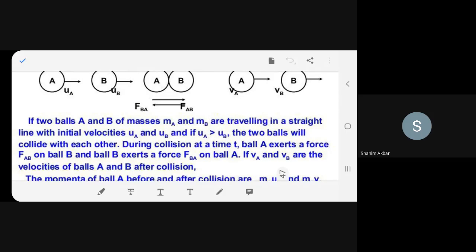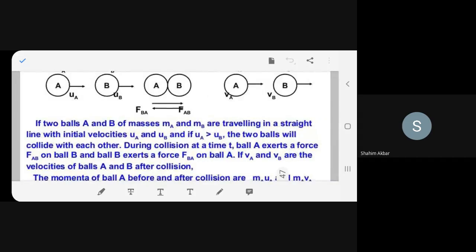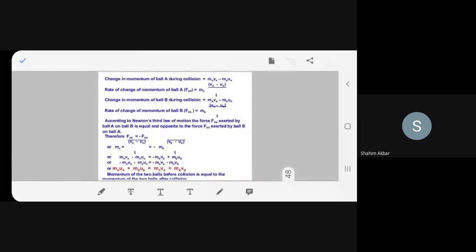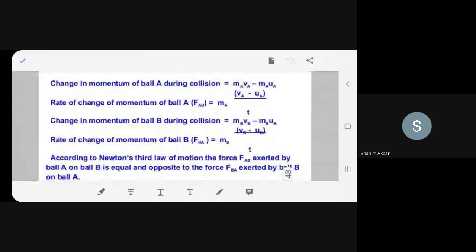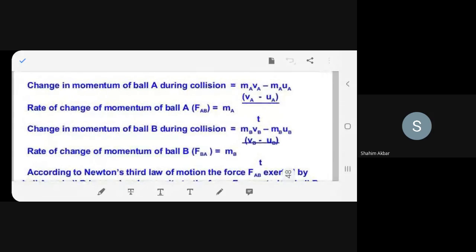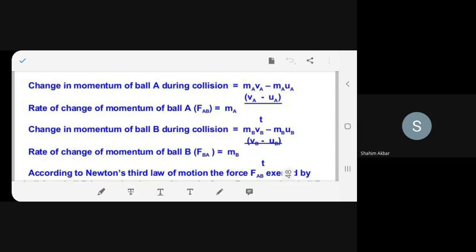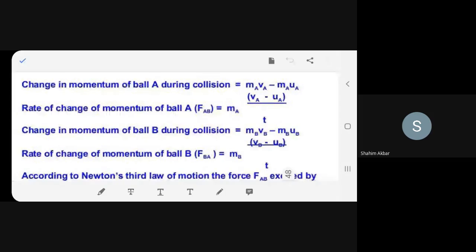Any problem, beta? No, madam. Change in the momentum of ball A during collision is equal to MAVA minus MAUA. One question I want to ask you. Whenever we find a difference, which number should we take as the first one?